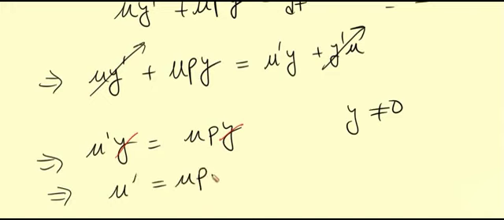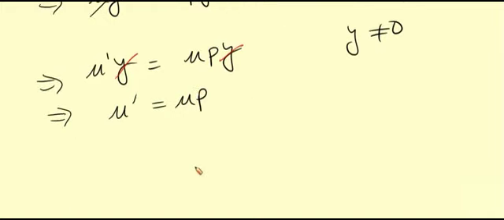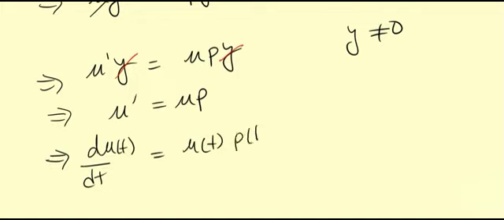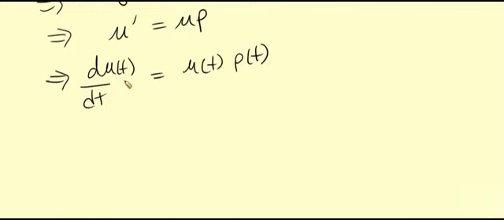But this is just a separable equation, because if you write these things in their full glory, you will see that it will look like this. I'm just restoring the independent variable dependence. Now this is a separable equation, something we saw in our previous lecture.